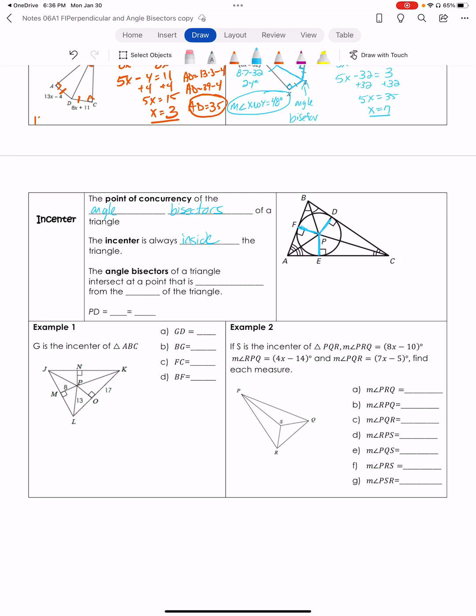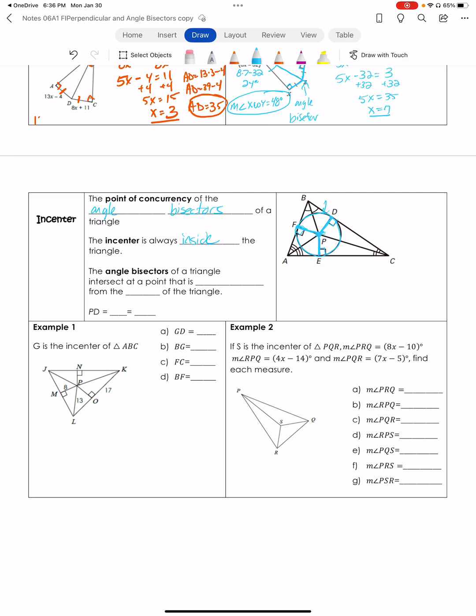So that means if you draw all the distances from your incenter to the sides, and we know it's a distance because it's perpendicular, and I draw a circle where I put my point on P and put my pencil where it intersects the side, it makes a perfect circle.